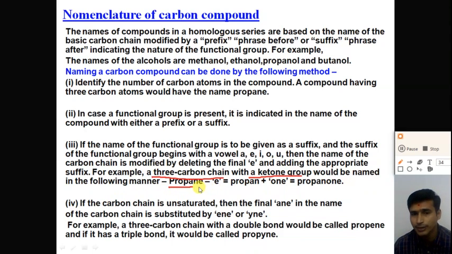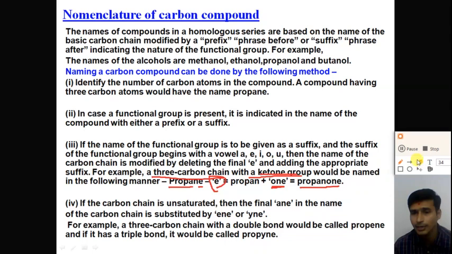It ends with E, right? And the ketone functional group has the suffix O-N-E, one, right? So here we delete the final E and add the suffix O-N-E, and the name is propanone, right?